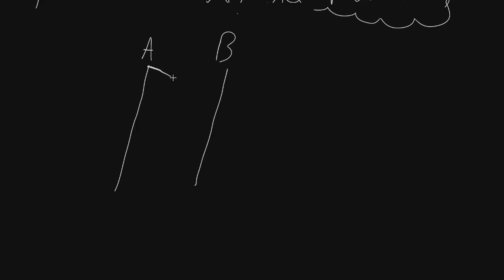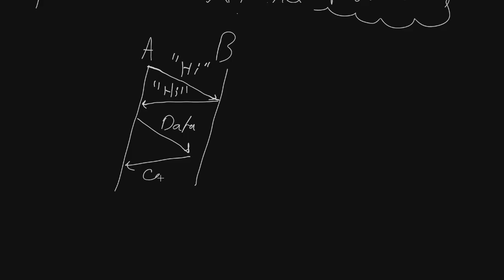For example, A says hi, so B says hi back. Then they can start sending messages, data 1, and B confirms that data 1 has been received. This is, for example, a protocol.